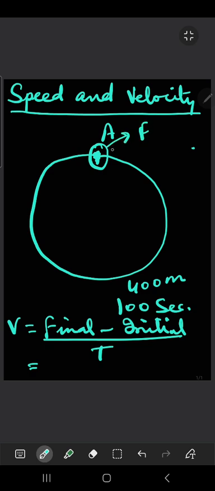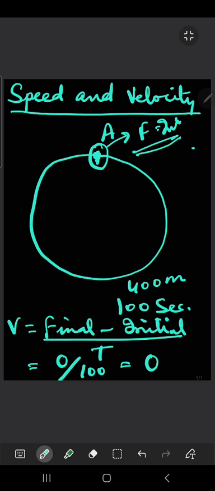If you have moved along this path and come back to A again, then your final and initial position are same. So if you take the difference of these two, then it will give you a value of 0. And if the time taken is 100 seconds, then the velocity will come out to be 0.